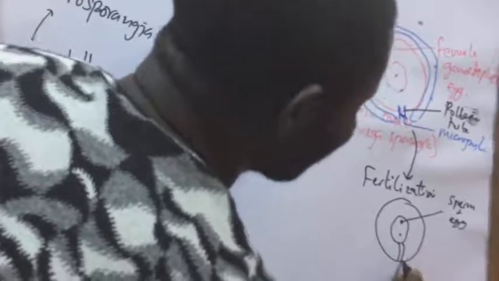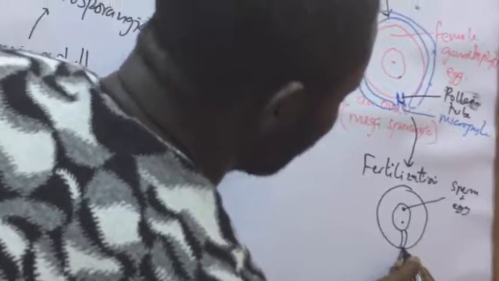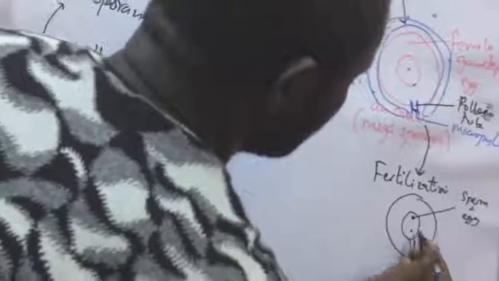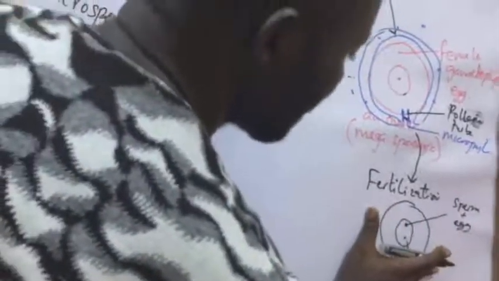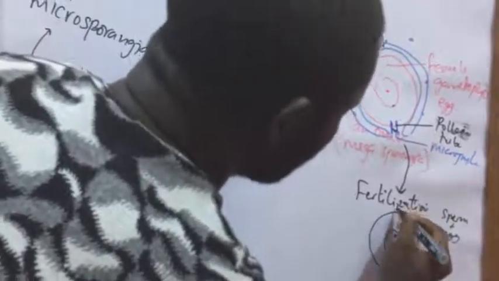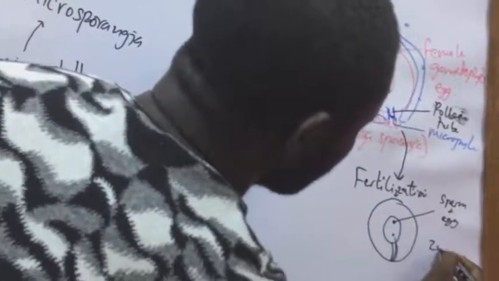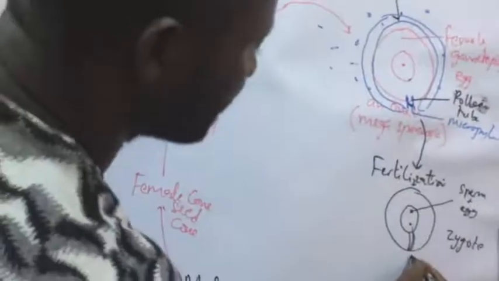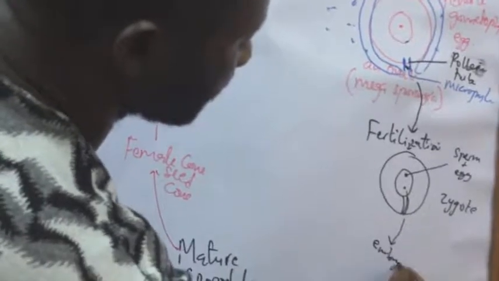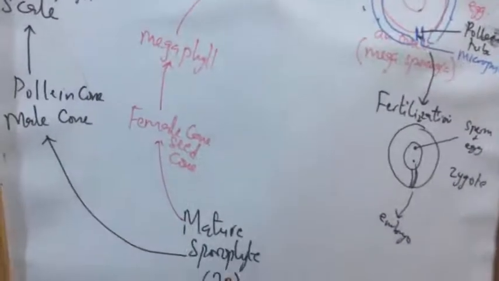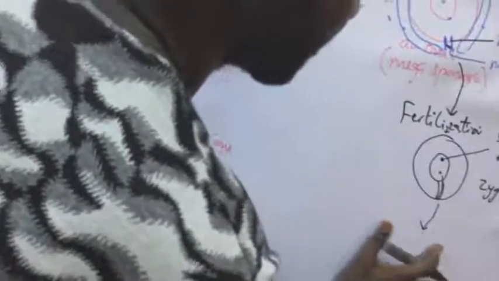Remember the pollen tube carries the sperm to the egg. What we have here in this structure is called the zygote. After the zygote, we have the embryo. One thing is very important here.